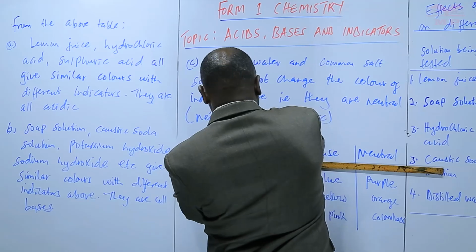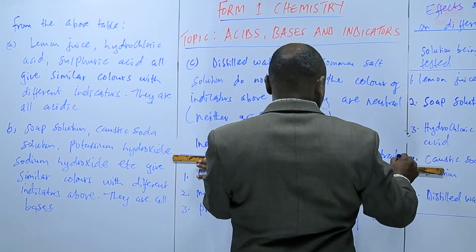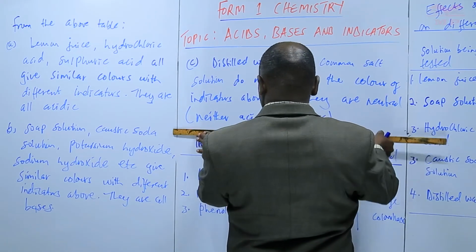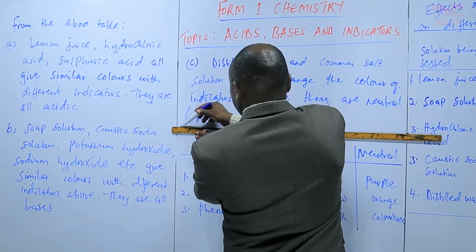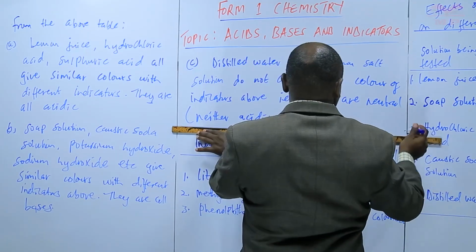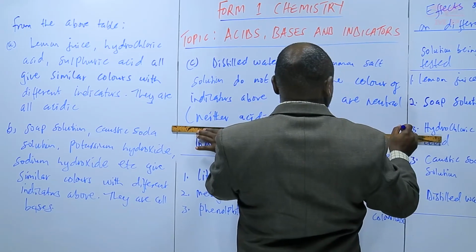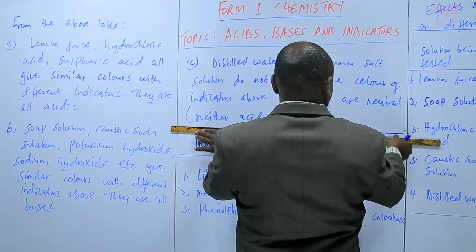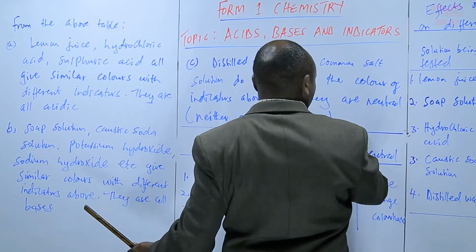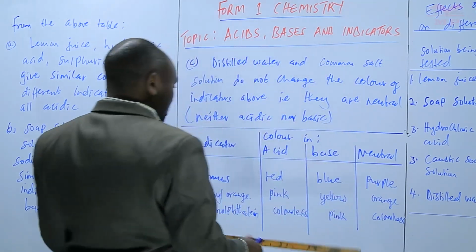We have an indicator, and then we have the various colors that it gives us. If, for example, the solution is acidic, if it is basic, and if it is neutral.